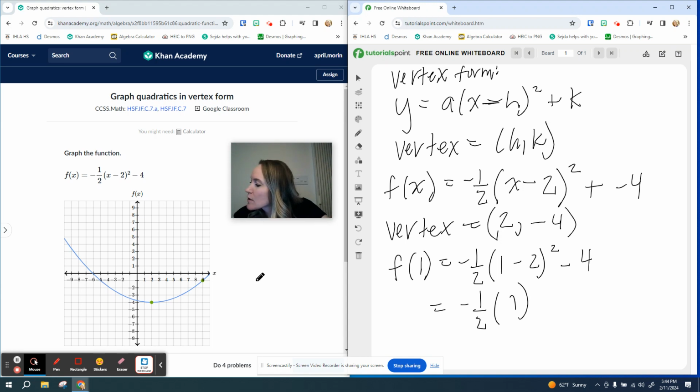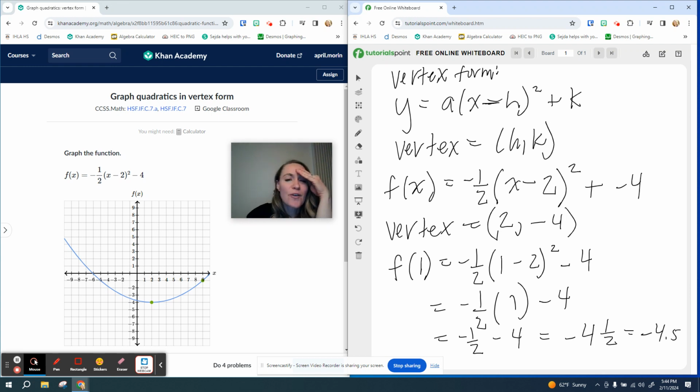So that's just +1, and then -4. So then I have a negative times a positive is a negative. So this is -1/2 minus 4. So that is -4 1/2. Or if you want to write it in decimal form, negative 4.5.